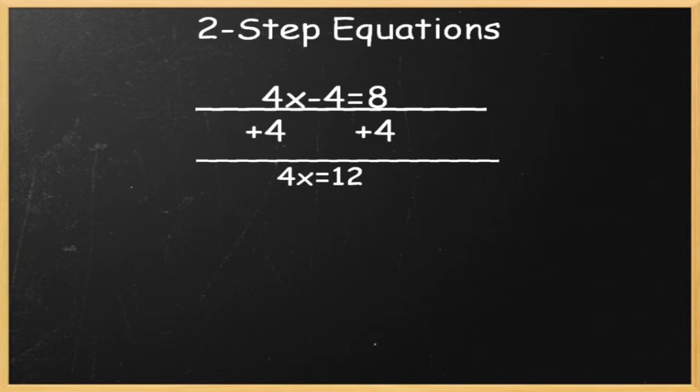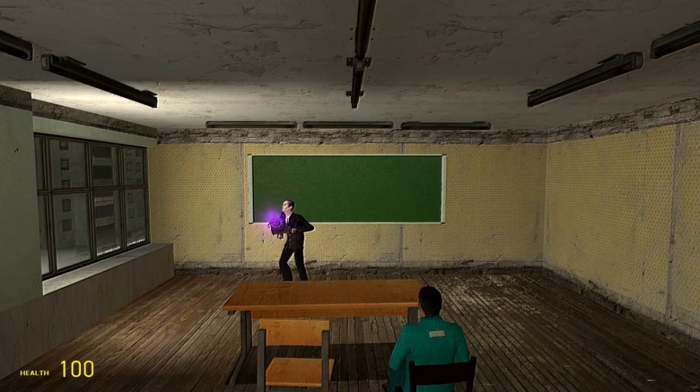But remember, you have to get the x by itself. So, now you have to divide by 4 because x is being multiplied by 4. And now the x is by itself, and you get 3 left. So your answer is x equals 3. And that, my sir, is a two-step equation.